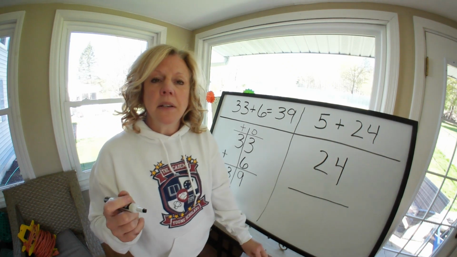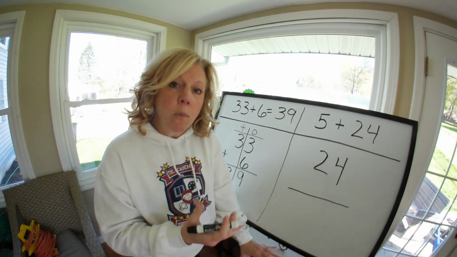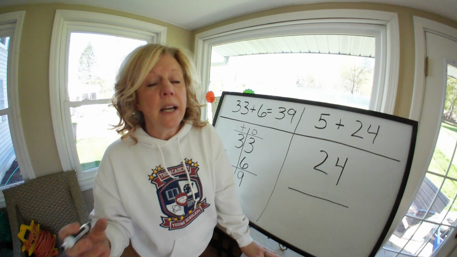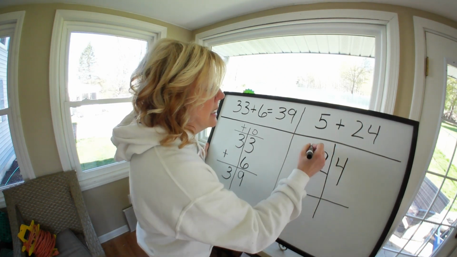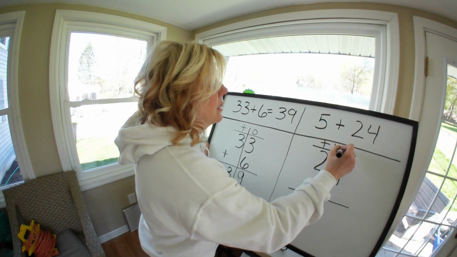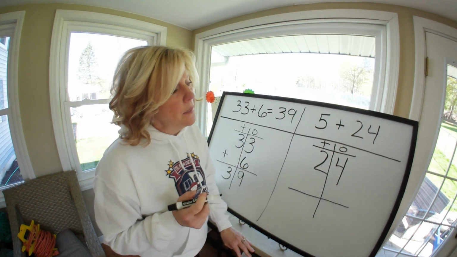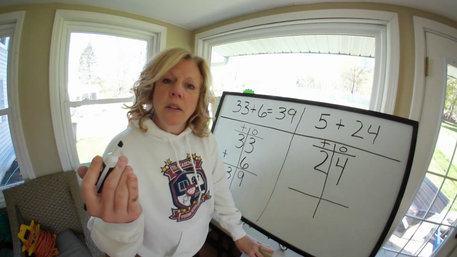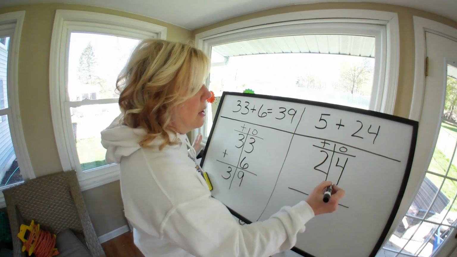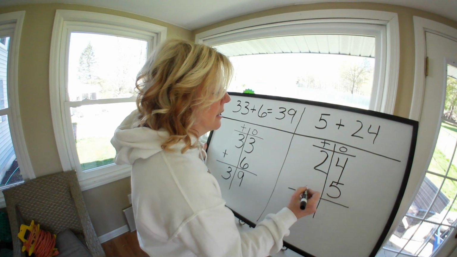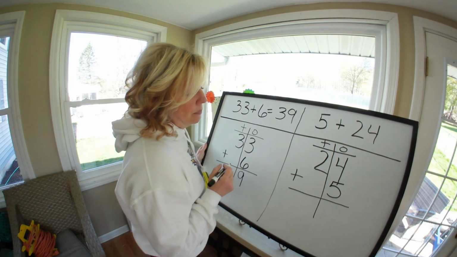So now keep in mind, are 5 ones or are the 5 tens? Well, when I write it, after I draw my tens and ones frame, I look at that and go, it's less than 9, so it has to be ones. So I'm going to put the 5 here, and I'm going to put my plus sign here.